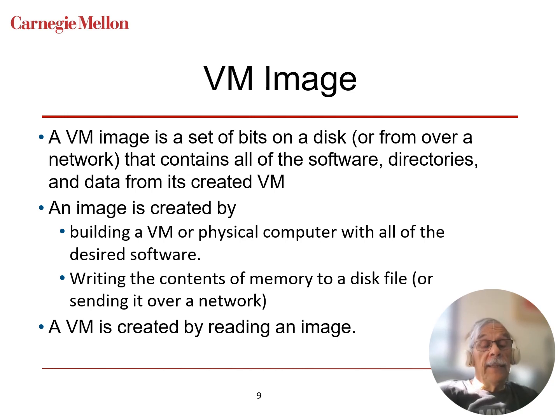So that suggests what I'm about to say: a virtual machine image is created by building a physical computer with all the software you want, or building a virtual machine with all the software you want, and then writing the contents of the memory to a disk file, and then maybe sending it over a network. Maybe you don't write it, you send it over a network. And then you create a new one by reading an image.